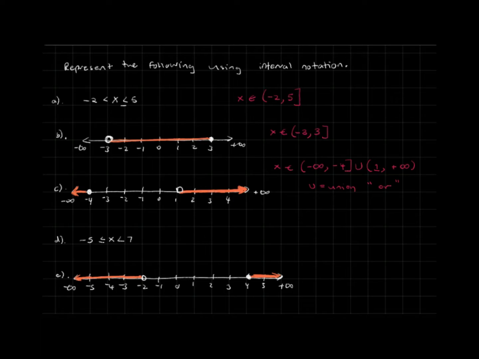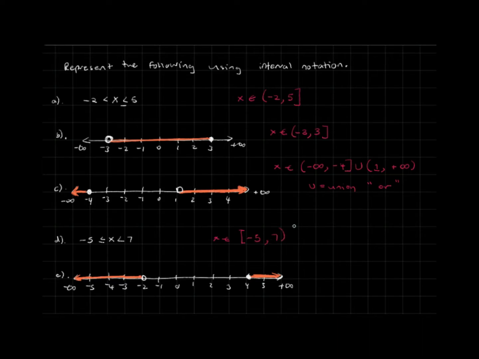Okay. Let's take a look at part D here. x is greater than or equal to negative 5 but less than 7. If we want to draw this out and represent this in interval notation, x belongs to negative 5. We're using the square bracket because it's inclusive of negative 5, and less than 7.